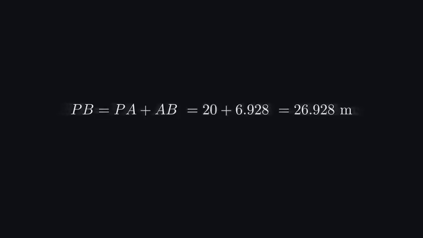PB equals PA plus AB equals 20 plus 6.928 equals 26.928 meters. Substitute PA equals 20 and AB equals 6.928.